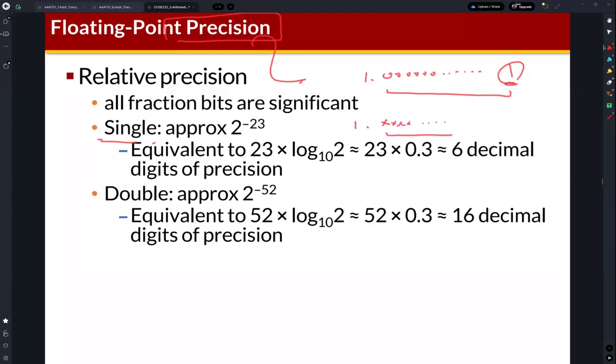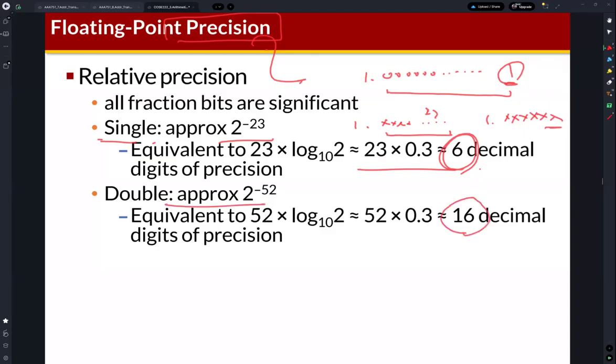And how many bits are there? It's 23, right? So approximately 2 to the minus 23, and in decimal, it's equivalent to 6 decimal digits of precision, like 1.xxxxxx.